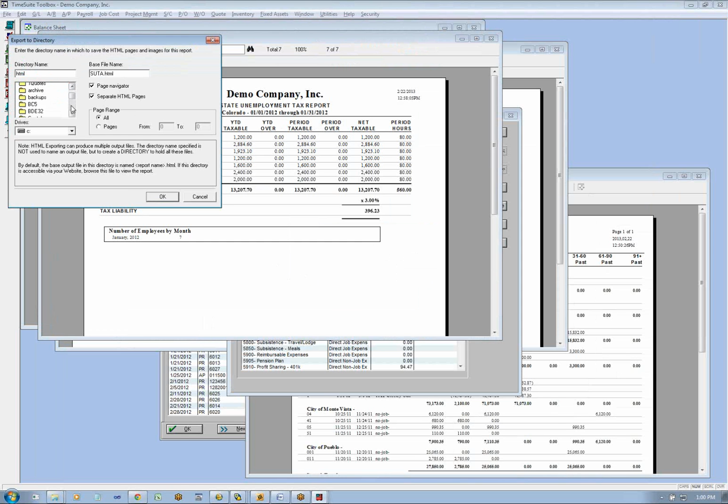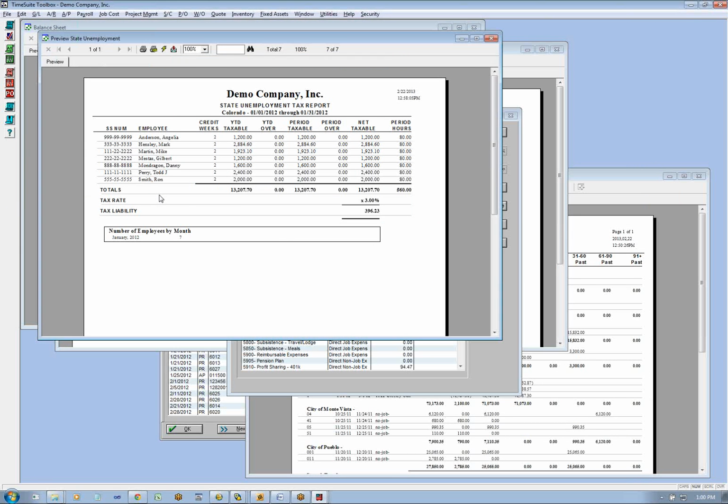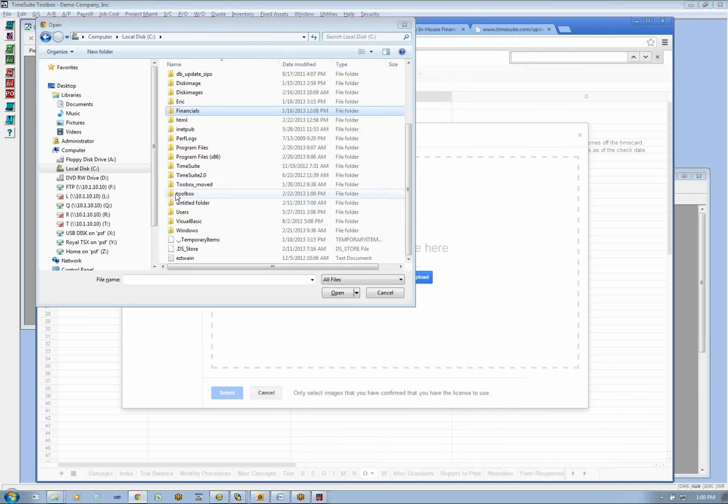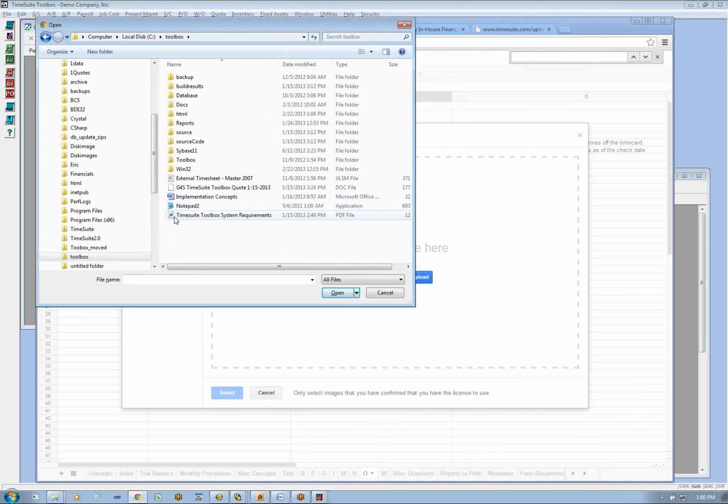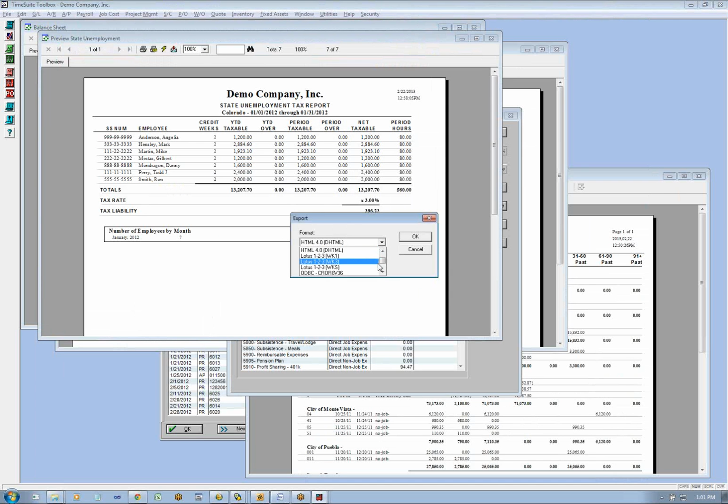HTML sudo. It's right there this time. We're in the twilight zone. Nothing's working.